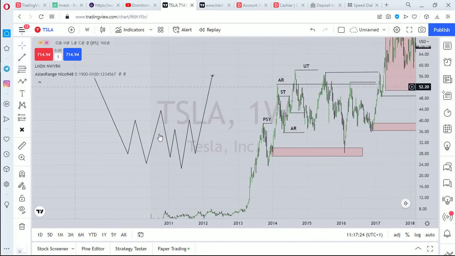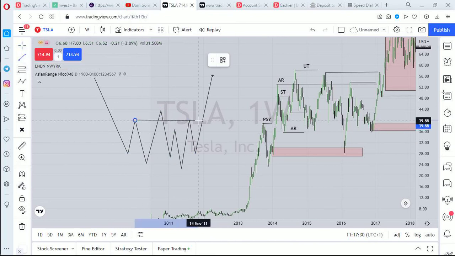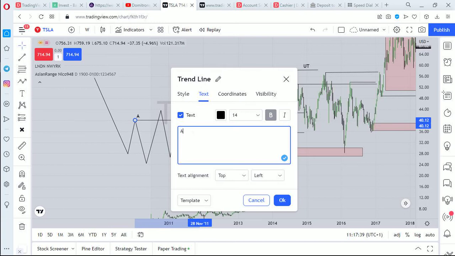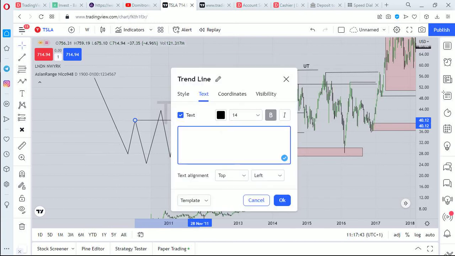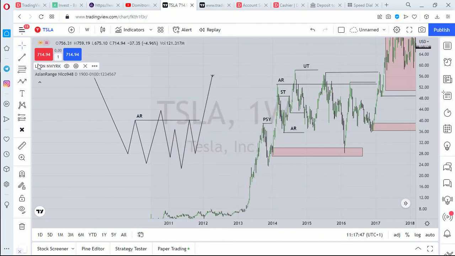Now, right here, the arrow is always meant to act as what? An area of resistance. Okay, an area of resistance. Right here we have the AR after the primary supply, right?